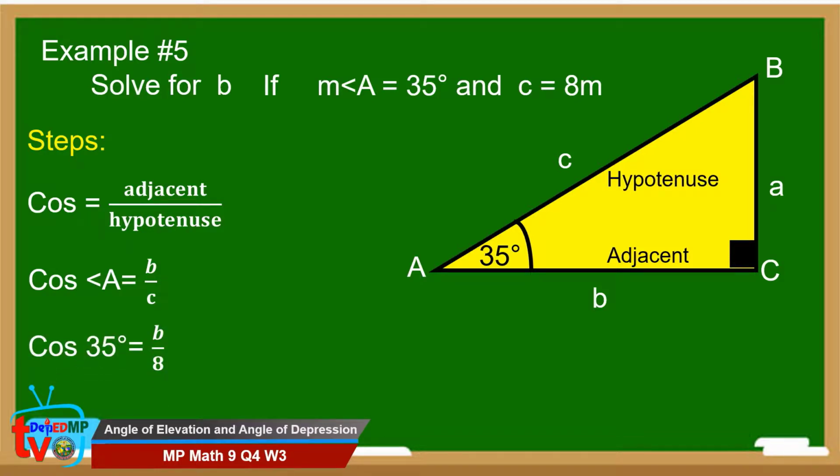Now, using our calculators, press 8, press cosine, press 35, and press equals. What is the result? Very good. It is 6.55. This means that the measure of the adjacent side to the angle is 6.55 meters.